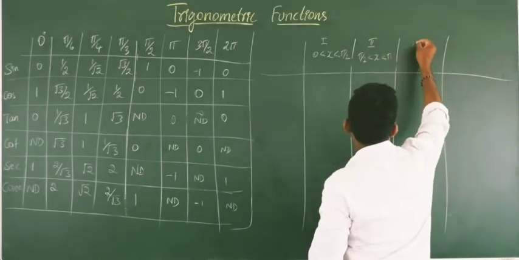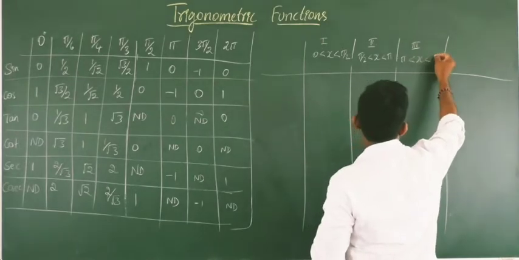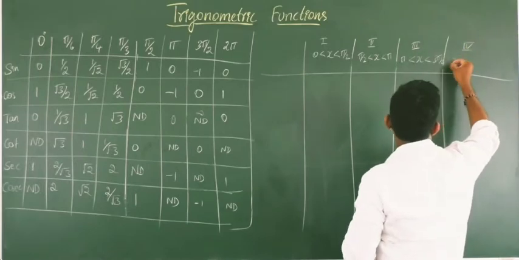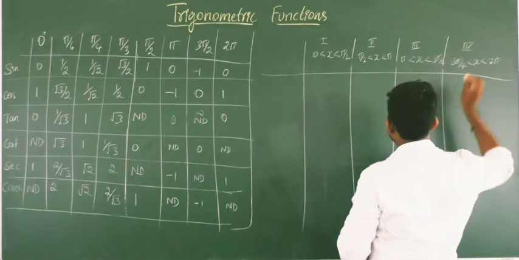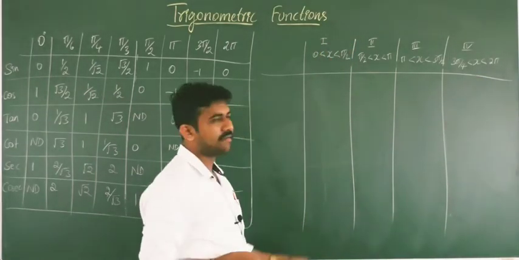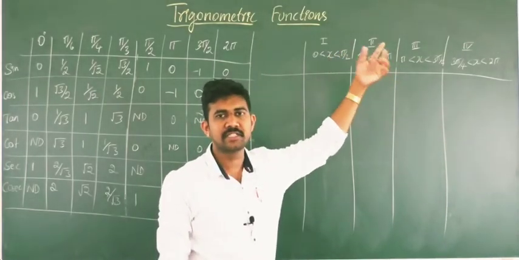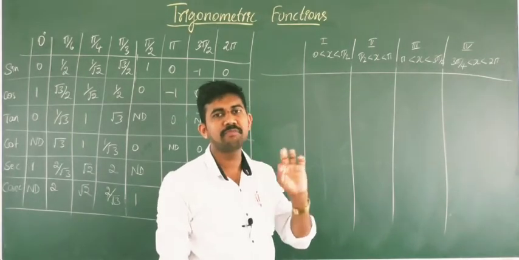Third quadrant, pi to 3 pi by 2, and fourth quadrant, 3 pi by 2 to 2 pi. So that is one revolution. After one revolution it continues. Since it is a periodic function, the values get repeated, the image or the graph gets repeated.